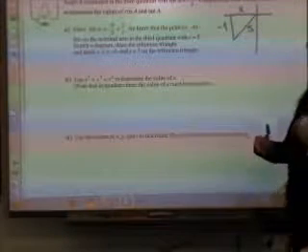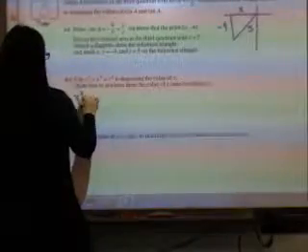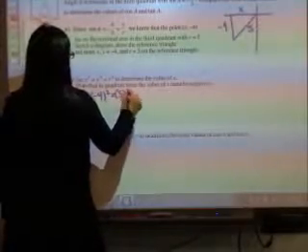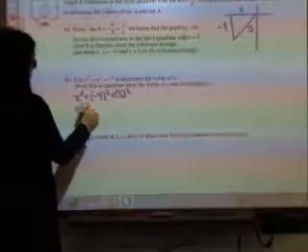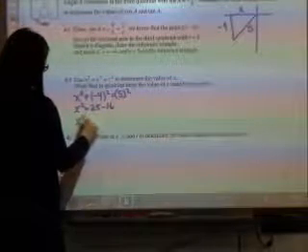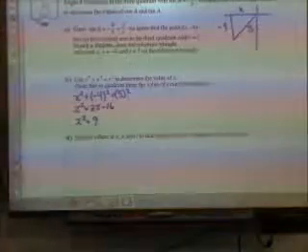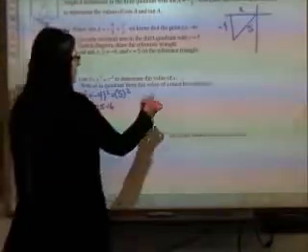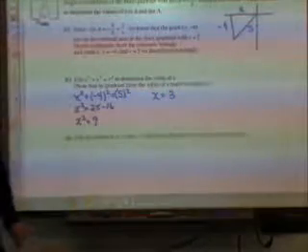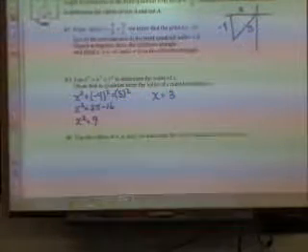So I can reverse my Pythagoras theorem. So x squared plus negative 4 squared would equal 5 squared. So x squared would equal 25 minus 16, which is 9. And the square root of 9 is 3. Well, which quadrant am I in?